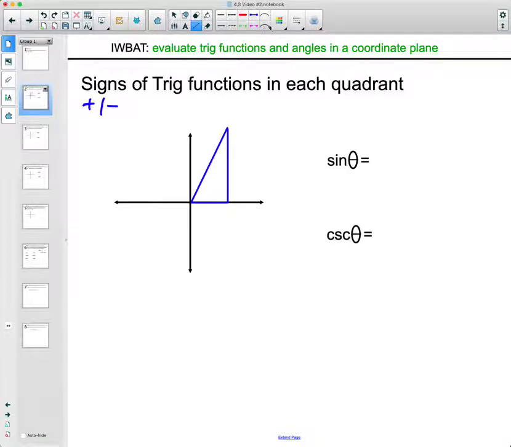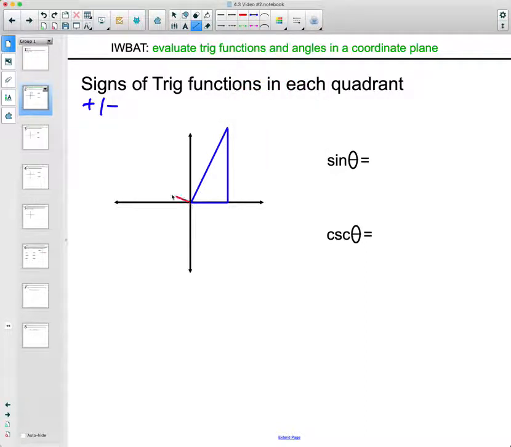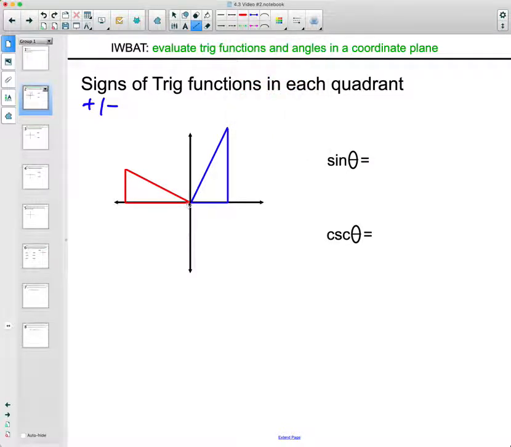Or if your angle had a terminal side in the second quadrant, then your reference triangle would look like this, drawn to the x-axis, and from those side lengths you get all of your trig functions. Or if it was in the third quadrant, then your triangle again is going to be drawn up to the x-axis, and those side lengths are going to help you determine all of the trig functions.